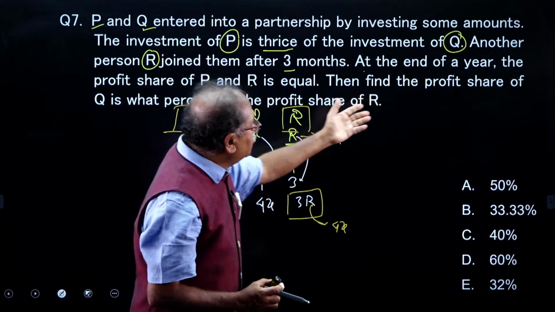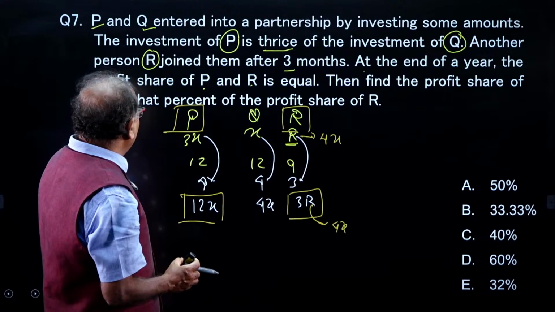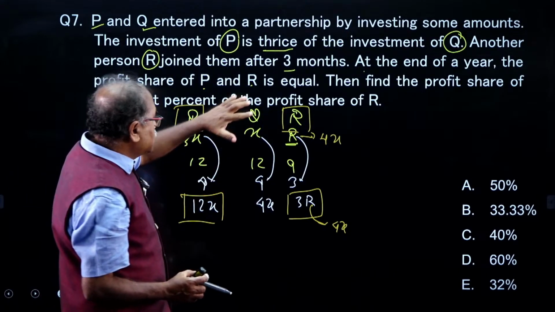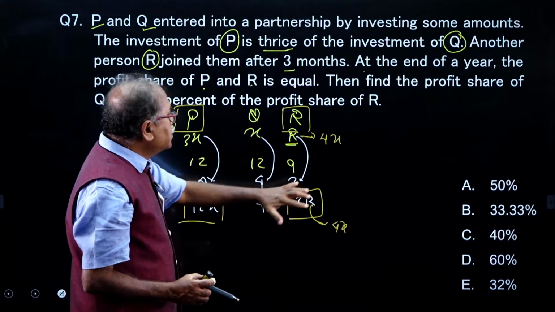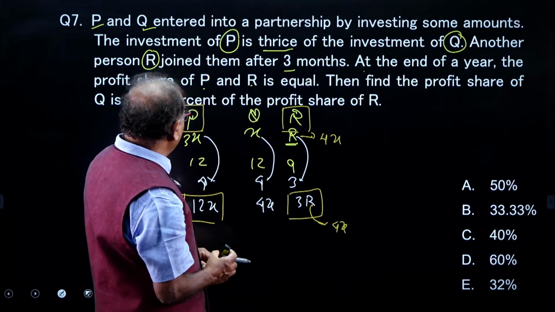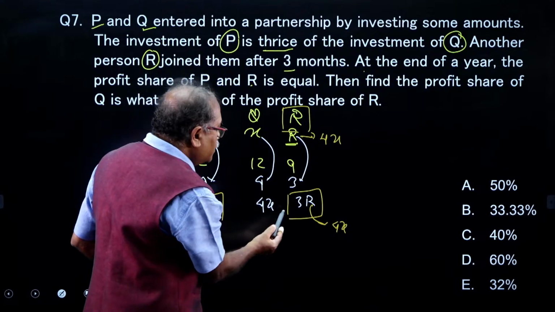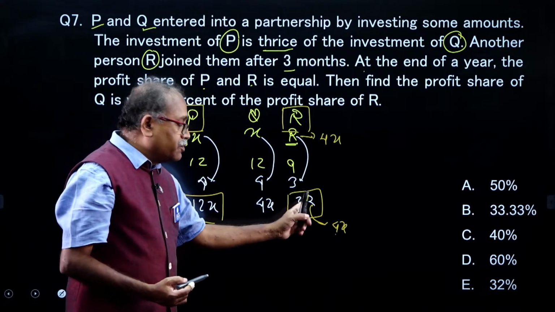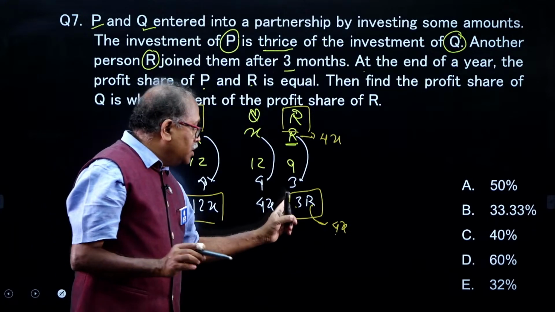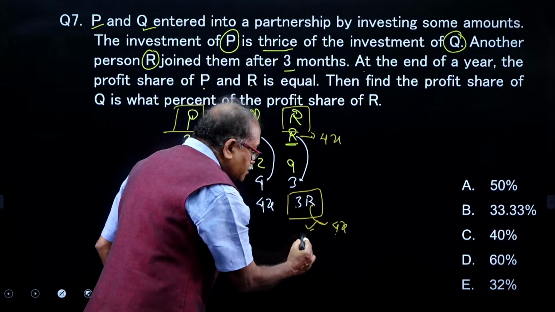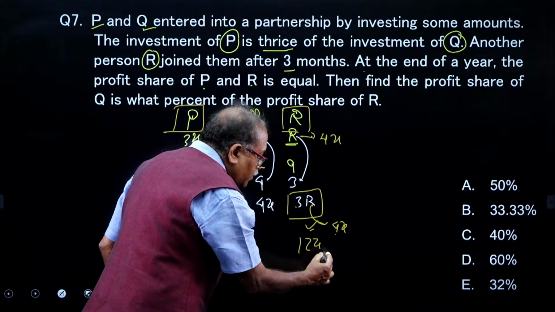Now, what is the question? Find the profit share of Q is what percentage of R? Now, please tell me what is the profit of R over here? 3 into 4x, because R is 4x. 3 into 4x comes to 12x.